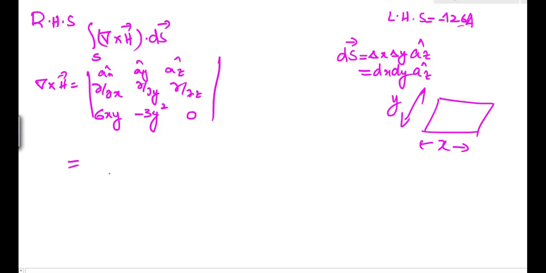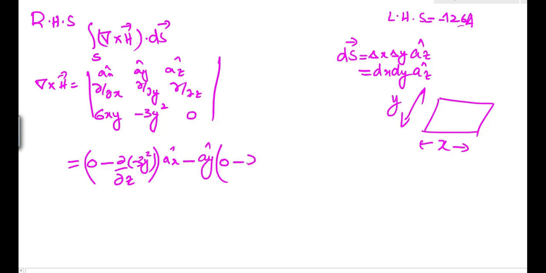So you just have to open this determinant, and what we obtain is, for the ax component, 0 minus the partial by partial z of minus 3y square in the ax direction, minus in the ay direction, 0 into partial by partial x, which is 0, minus the partial derivative of 6xy with respect to z. And the third component along z is the partial by partial x of minus 3y square, minus partial by partial y of 6xy.